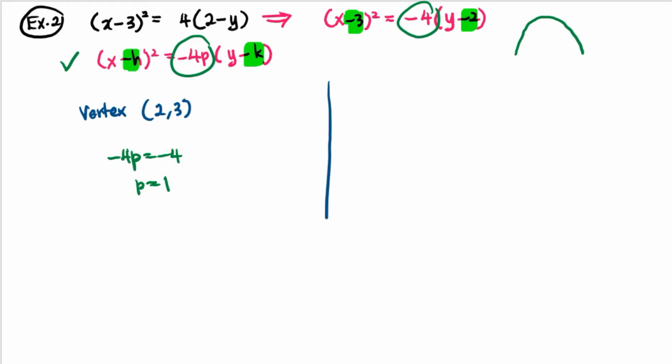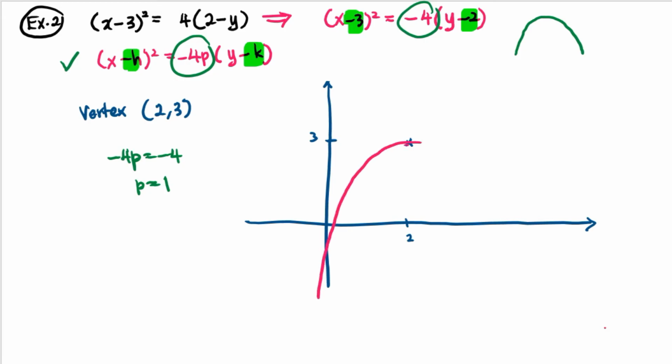So we have the vertex 2, 3, so this is 2 and this is 3, somewhere around here. We have the vertex here, and it opens downwards, something like this.